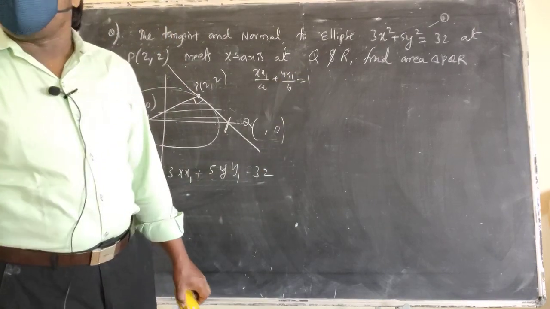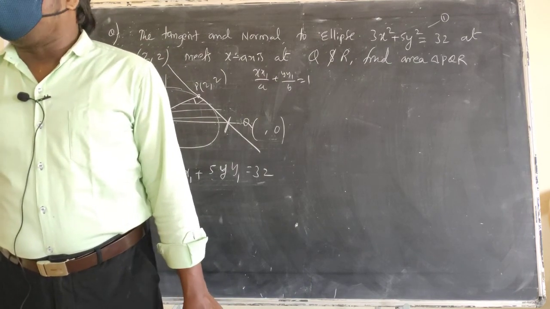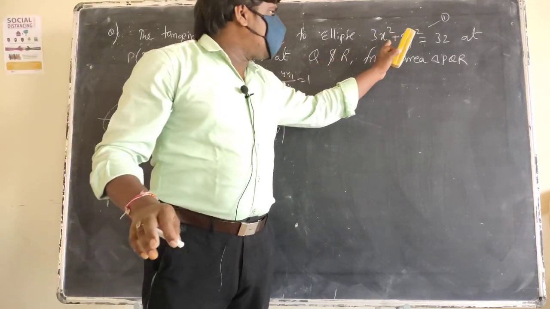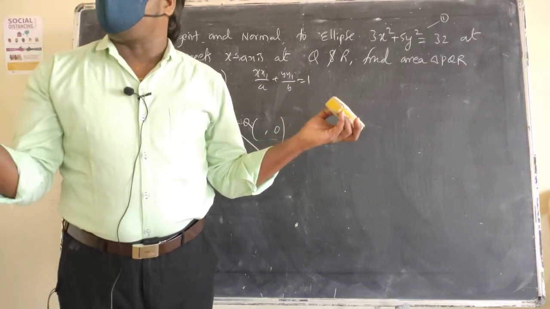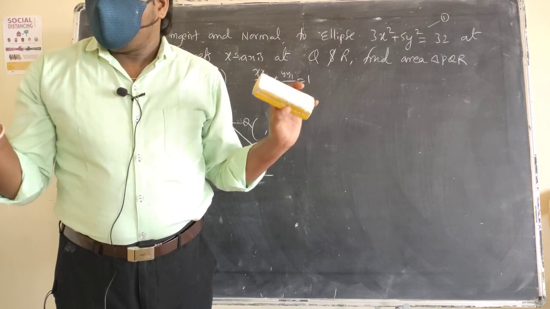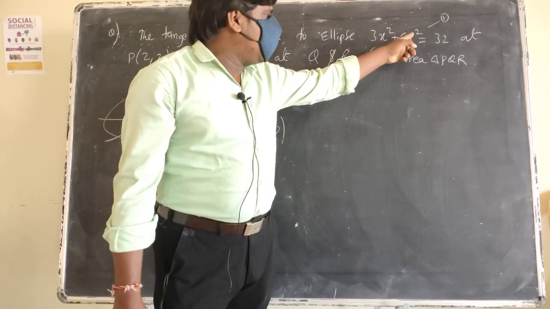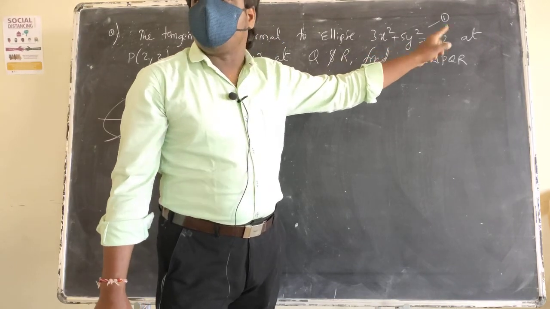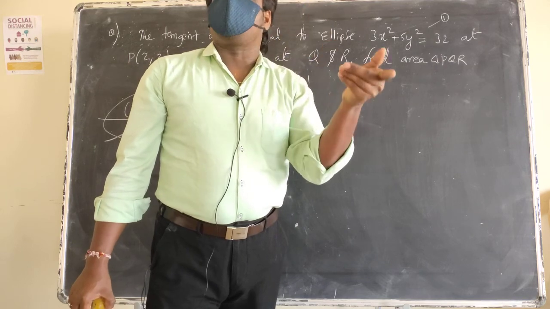Wherever x² is there, replace it with x·x1, and wherever y² is there, replace it with y·y1. You can also convert it into the previous form, x² divided by 32/3 plus y² divided by 32/5 equals 1, but that looks awkward and you have to simplify again.